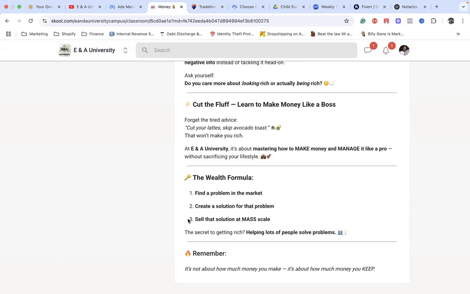I fixed people's credit, and they had millions of dollars' worth of assets on their credit profile. The highest I saw was 4.5 million in assets. I was like, oh my God. I'm fixing this guy's credit and he's got all these assets, and he had a couple of collections on there. You'd be surprised.